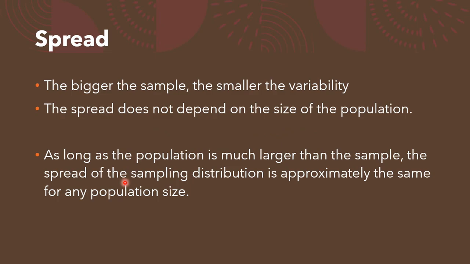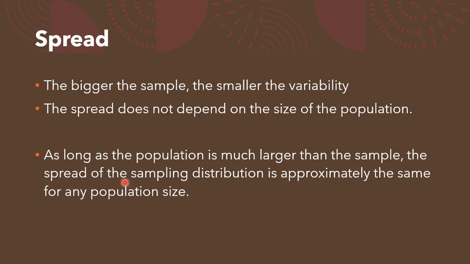Next up is our spread. The bigger the sample, the smaller the variability that we have. So if you take a sample of 100 people, or if you take a sample of 1,000 people, the one with 1,000 people is going to narrow down what that mean could be. Okay, that plus or minus that you have. It doesn't matter the size of the population itself.